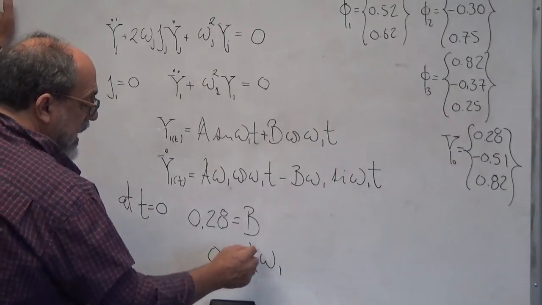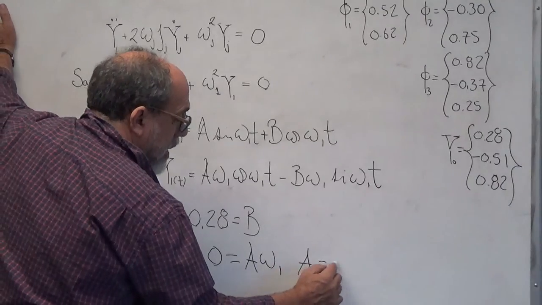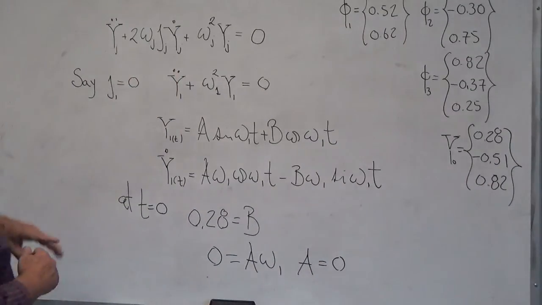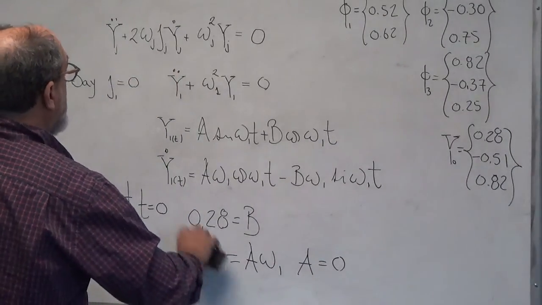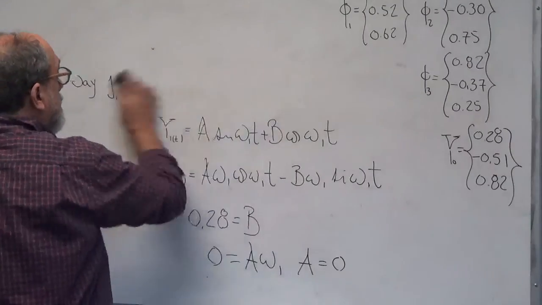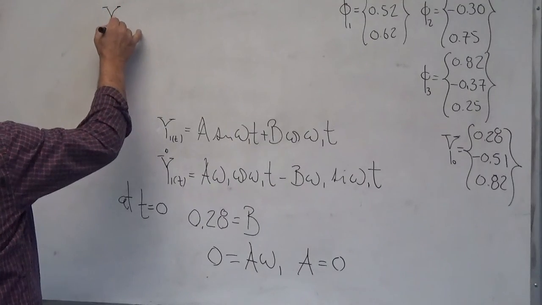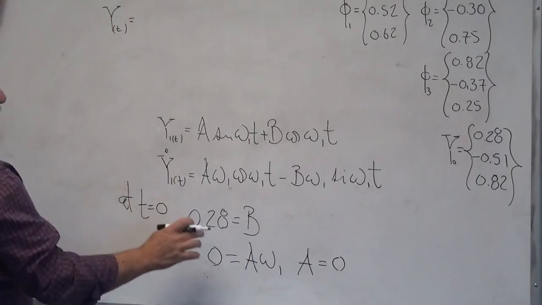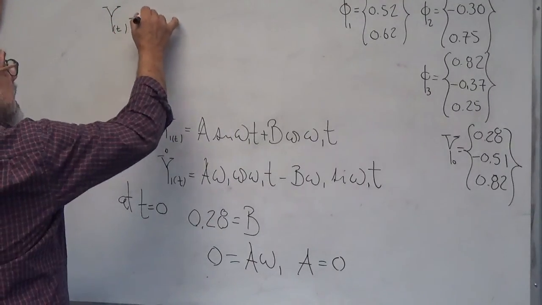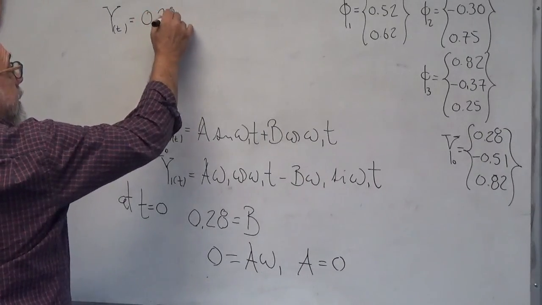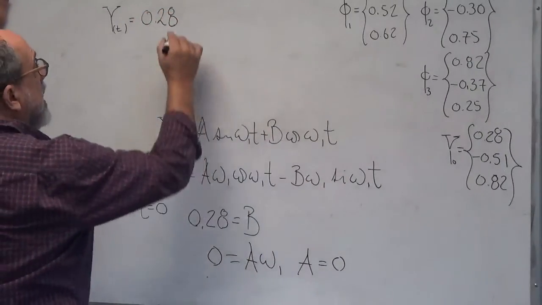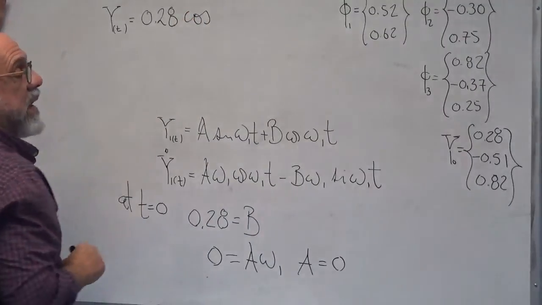Therefore, we conclude that a is equal to 0. So the solution for the first mode is simply y1 of t equal to 0.28 times the cosine of omega 1 t.